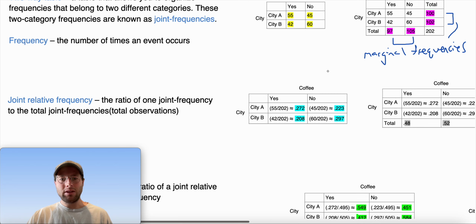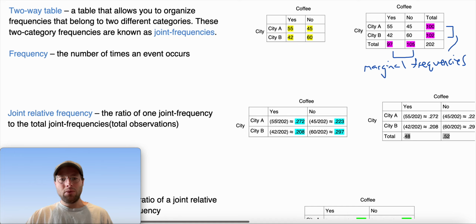Beginning with this table, we have the highlighted values, and we get those by taking the ratio of the joint frequency 55 divided by the total joint frequencies, which is 202. So we had 55 here, and we're dividing that by the 202 here, which is the total number of observations, or the total joint frequencies.